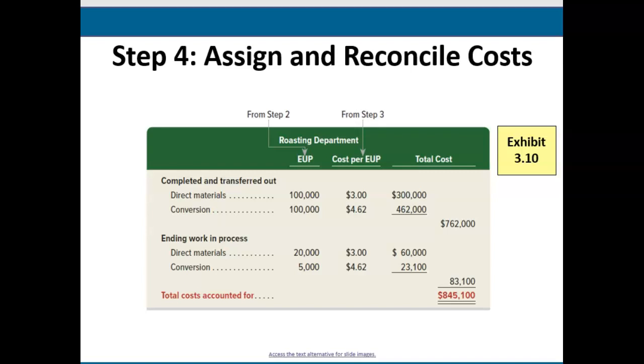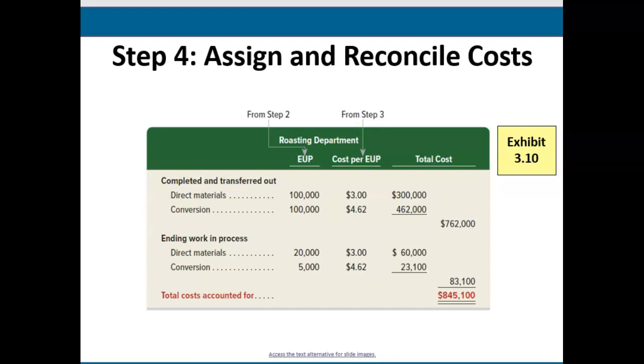For conversion, we use the 5,000 EUP from step 2 and the $4.62 conversion per EUP from step 3 to compute conversion costs for work in process inventory of $23,100, or 5,000 EUP times $4.62 per EUP. Total cost of work in process inventory at period end is $83,100, that is, 60,000 plus 23,100 is 83,100.